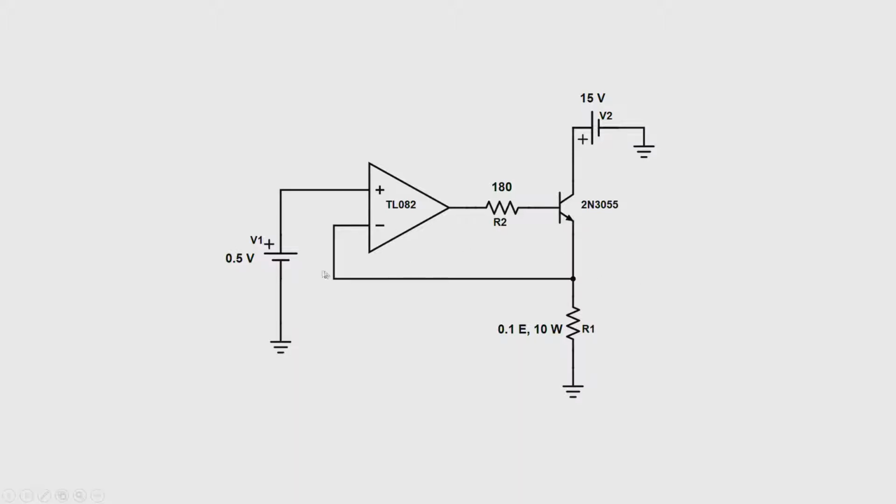As a result, if you recall the complete working of the circuit, it maintains the voltage across this R1 resistor to be the same as the voltage connected at the positive terminal. This is because of the virtual short concept, which says that the difference between both terminals should always be equal to 0. Since the positive terminal is connected to 0.5, it tries to maintain the negative terminal also at 0.5.